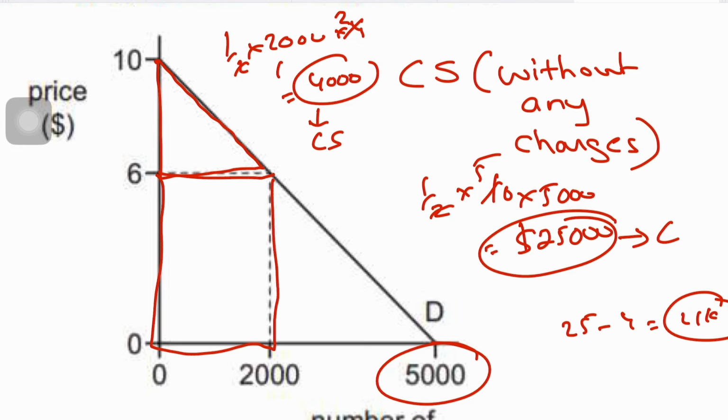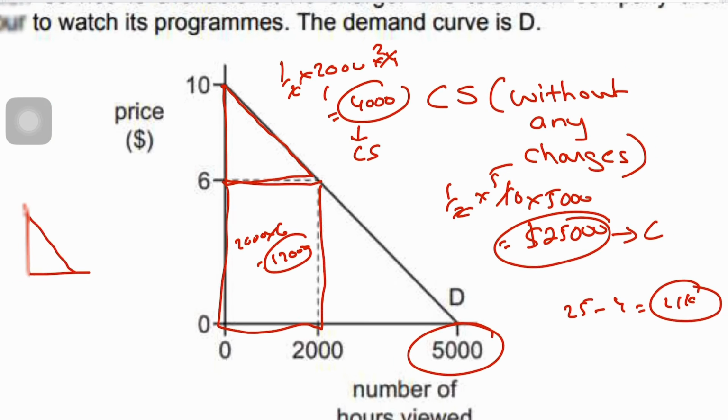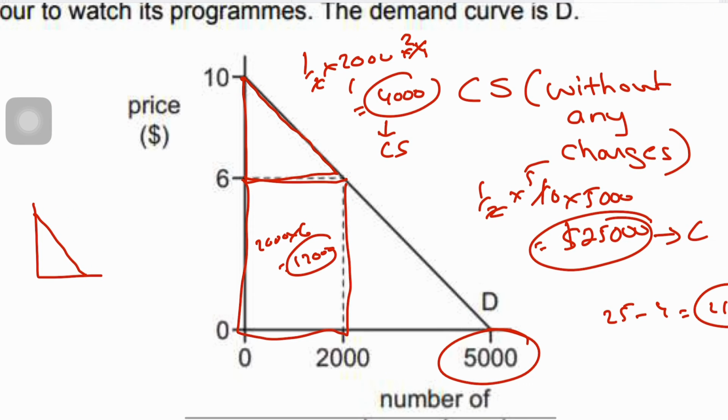And this rectangle here, if you want to calculate this area, it would be 2000 times 6, length into breadth. So 2000 times 6 would give you 12,000, right?